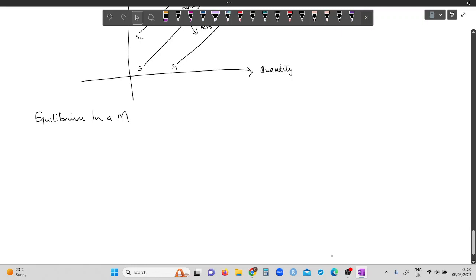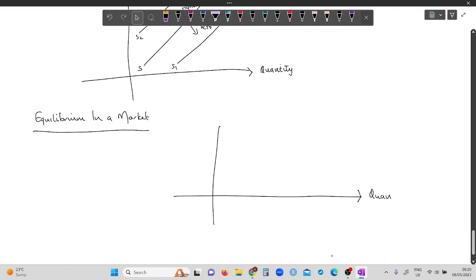Equilibrium in a market. When the supply and the demand meet, for example, here you will have the quantity, here you will have the price. This is the demand. This is the supply. When they meet here, we call that the equilibrium.